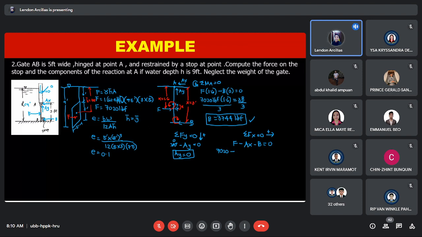Right? Ang A sub X, ito yung hahanapin natin. And ang B natin is 3,744. So therefore, pag nilipat natin yung A sub X sa kabila, A sub X is magiging positive, tapos 7,020 minus 3,744 is 3,276 pound force.